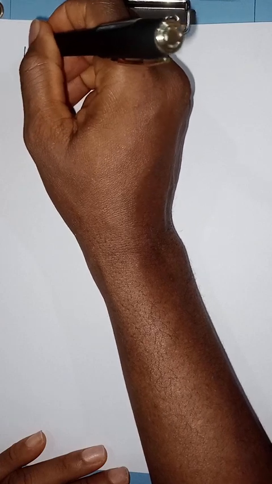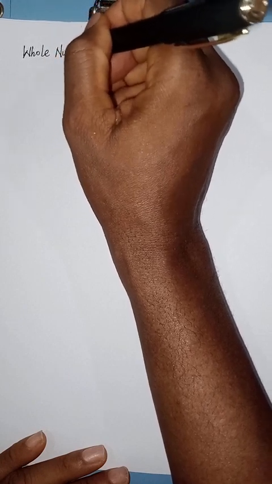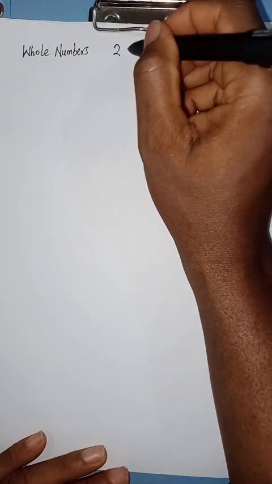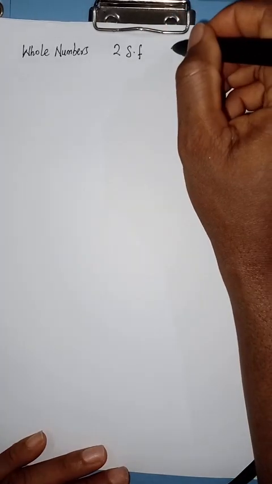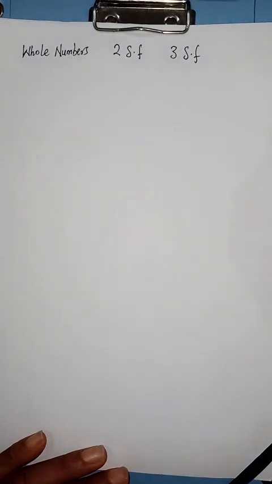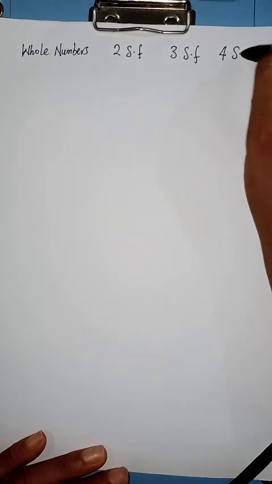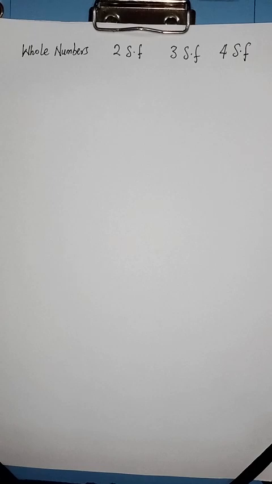Let these be my whole numbers. Let this be to two significant figures. Let this be to three significant figures. And we can also have four significant figures. So these are the aspects of significant figures we're going to be looking at.